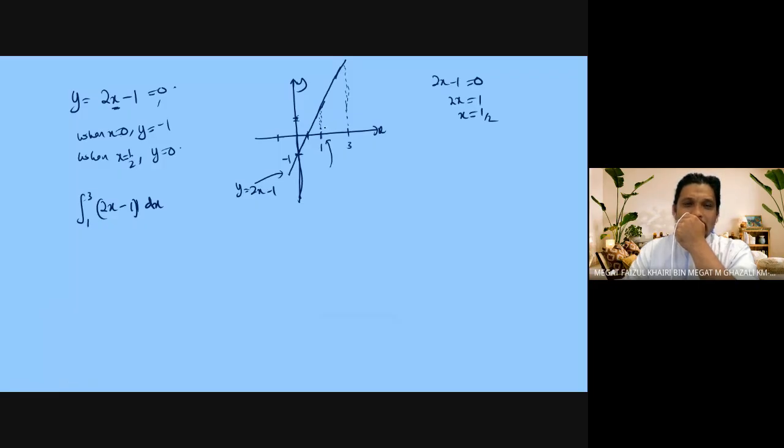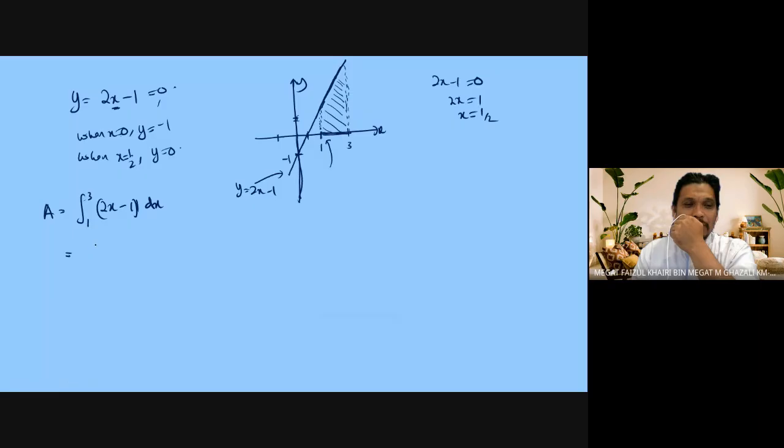For this process, we are going to find the area surrounded by this line 2x minus 1, the x-axis, and also x equal to 1 until x equal to 3. So now, the area for the integral of 2x minus 1 dx from x equal to 1 until x equal to 3.